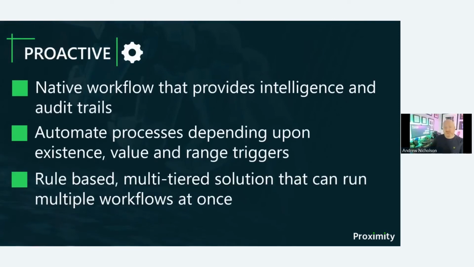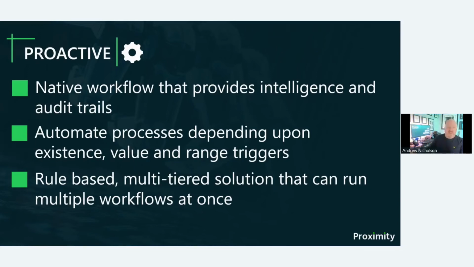Further ways of improving data accuracy and speeds would be through the implementation of workflow, and we have a solution for that also. Proactive allows users to implement an intelligent approach to workflow automation without modification to existing systems. Workflows can be automated depending upon a change in a single or multiple database fields.